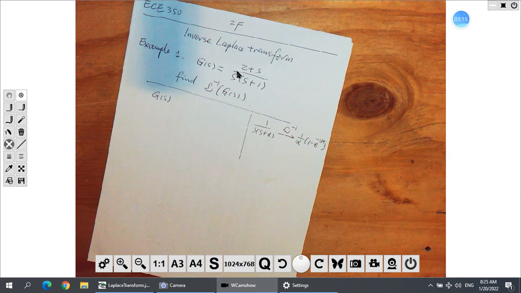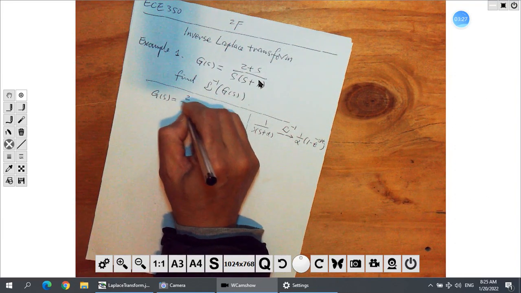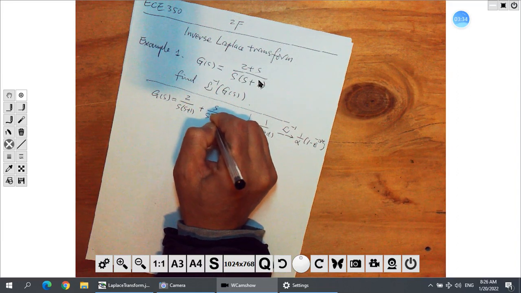Then you see this one and this one are not exactly the same, because the numerator now has two terms. Here there is one term, so I can write this as a summation of two terms: 2 over s times (s plus 1) plus s over s times (s plus 1).